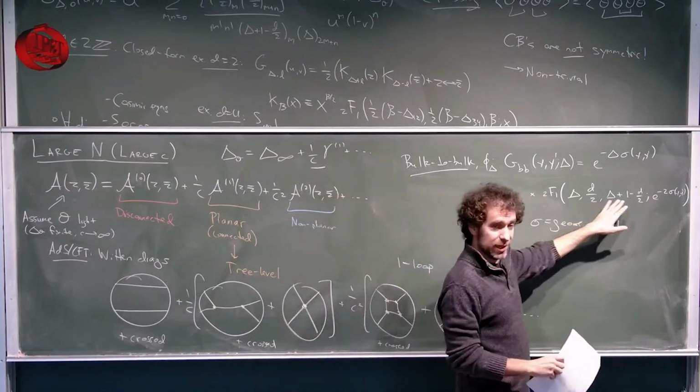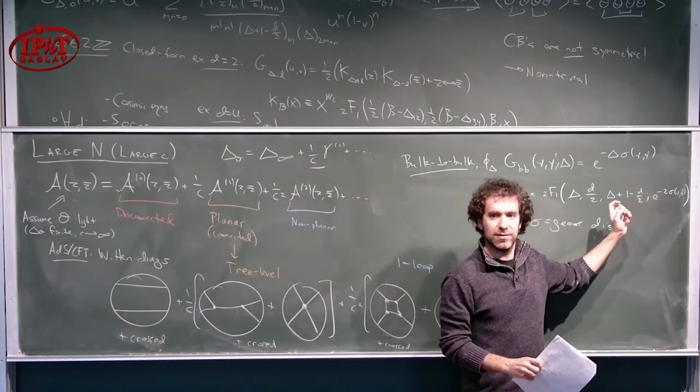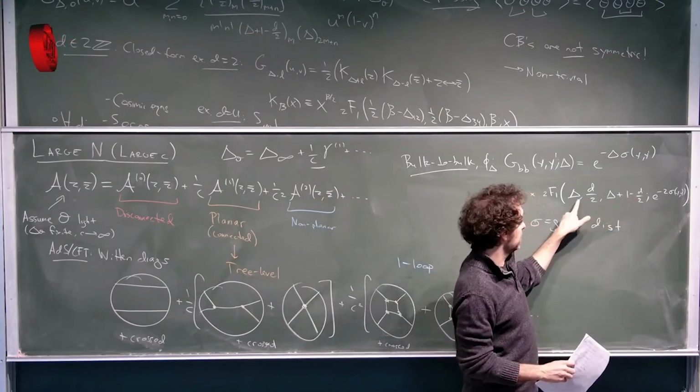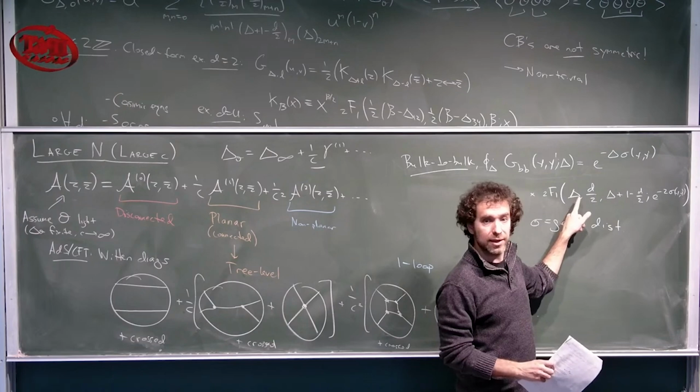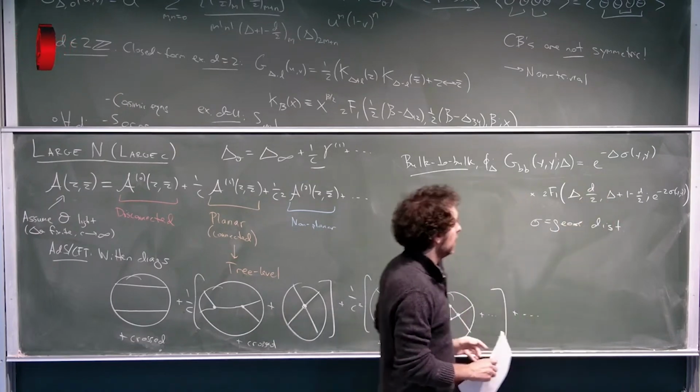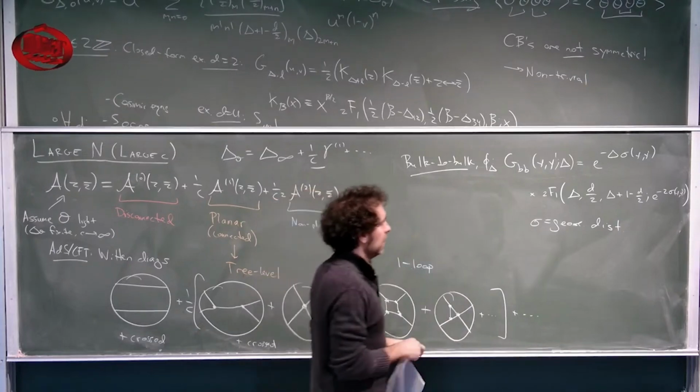Here also in this formula, you can see that even dimensions simplify. If you take d equals 2, say, these two arguments cancel, and you get a much simpler rational function of e to the minus sigma, or powers of e to the minus sigma, and that's true in all even d.